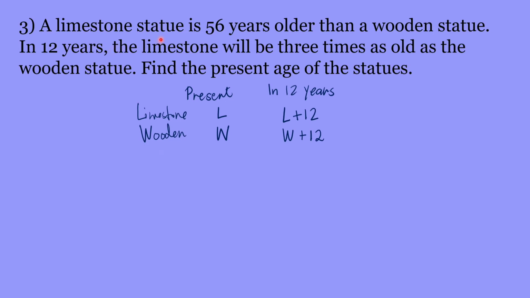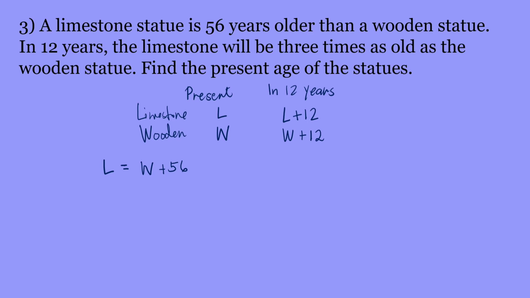A limestone statue is 56 years older than a wooden statue. So that means we can write the first equation as limestone is 56 years older than the wooden statue. Okay? In 12 years.